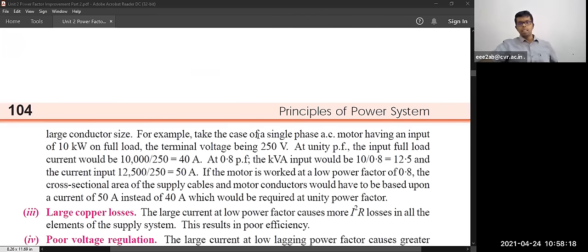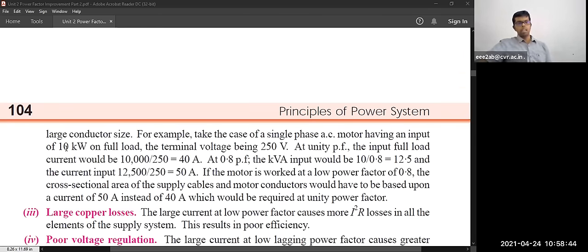For example, a single phase AC motor having an input of 10 kilowatt on full load, terminal voltage of 250 volt at unity power factor. The input full load current would be I = P/V.